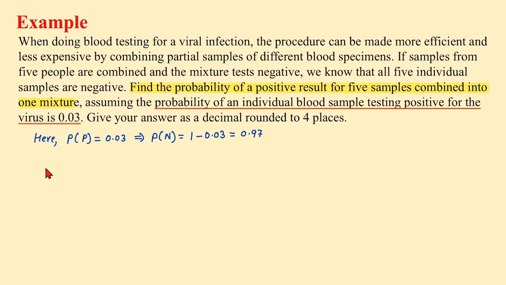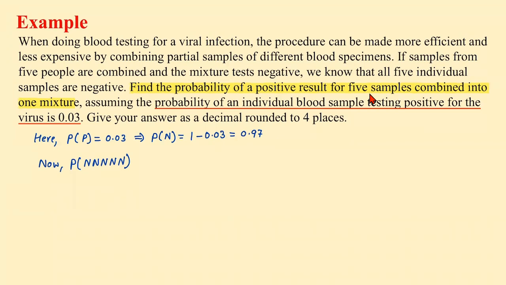So first we are going to find the probability that all 5 will be negative: the first is negative, the second is negative, the third, the fourth, and the fifth one is negative. All 5 of them.